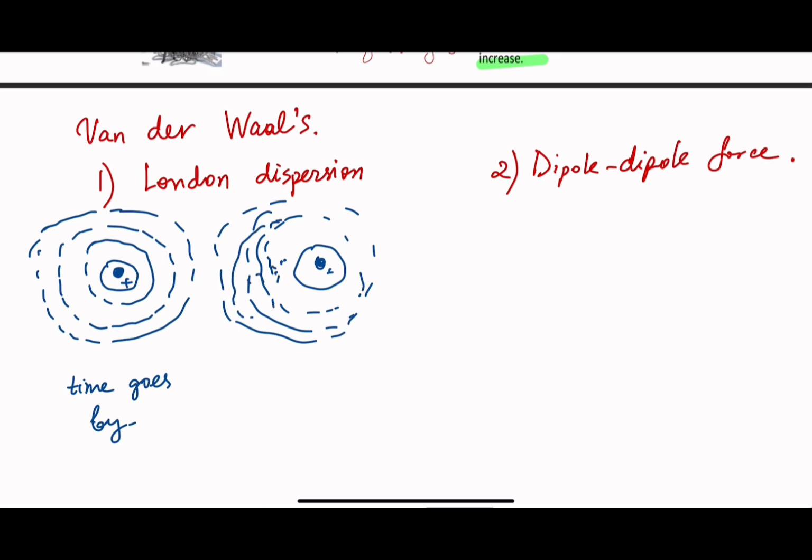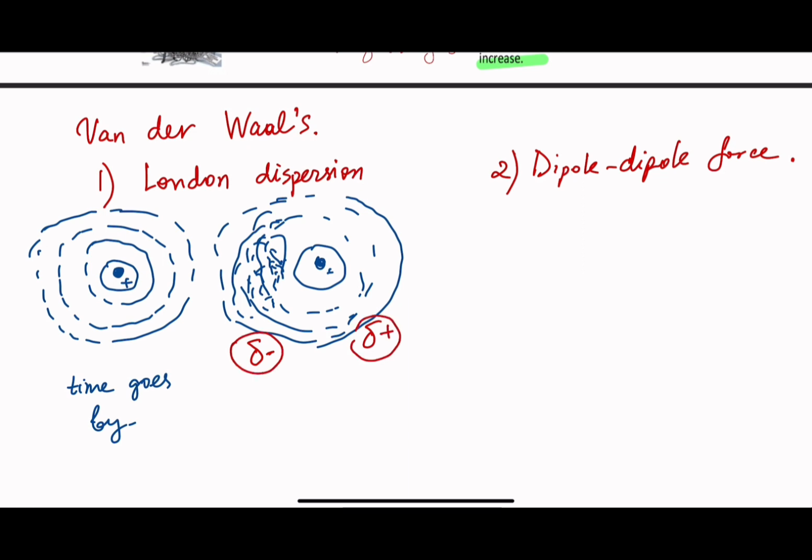We have more electron clouds around this area. And because we know that electrons are negatively charged, we get a partially negative charge on this side because of this electron cloud. And this part of the atom is partially positive because the other side is negative, right?